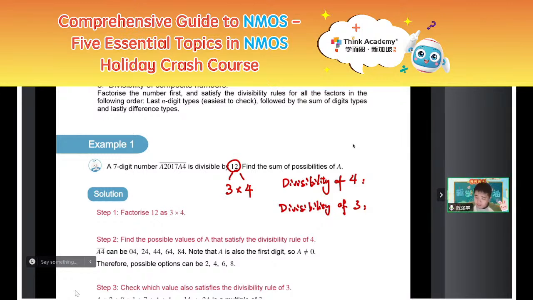Very good, 4. When you check the 4, you don't have to do the calculation. Just look at the last 2 digits. Just observe. So that's why we start with the divisibility of 4 first, and then we think about whether the number we get satisfies the divisibility of 3.